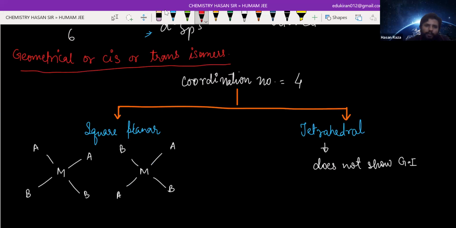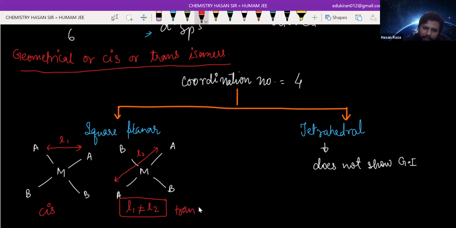The distance between AA is your L2 and that is your L1. If you measure, the distances will not be equal. That's why it will show geometrical isomerism. This will be your cis and this will be your trans.